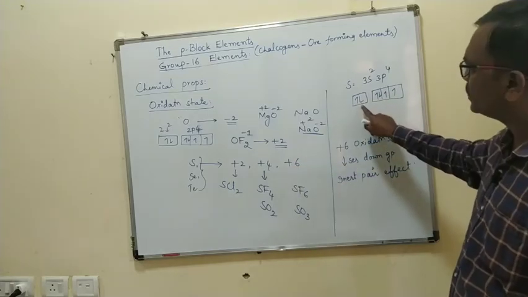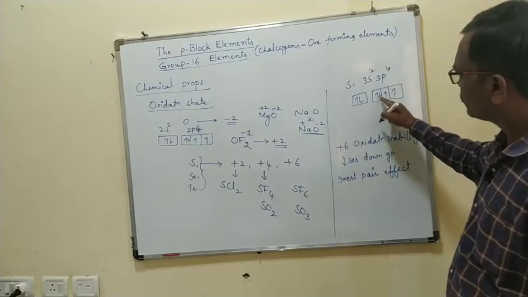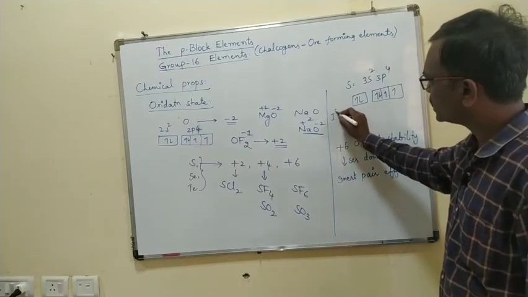Sulfur is 3s2 3p4. In the first excited state, it gives 4 unpaired electrons, which is why it shows +4. In the second excited state, it gives 6 electrons. In the first excited state, a p electron goes into the d orbital.